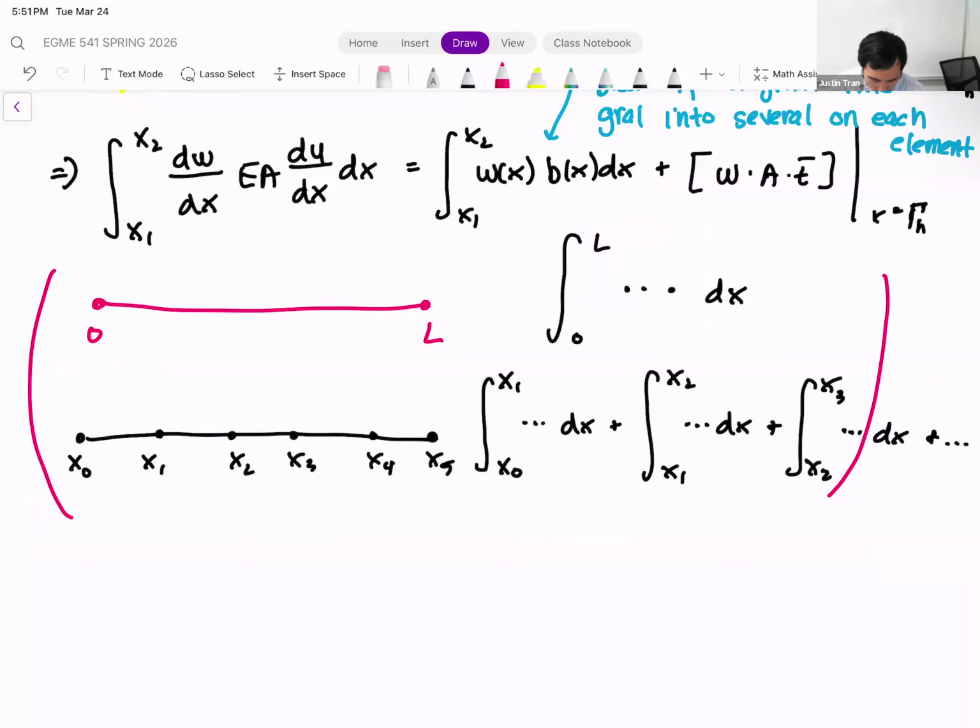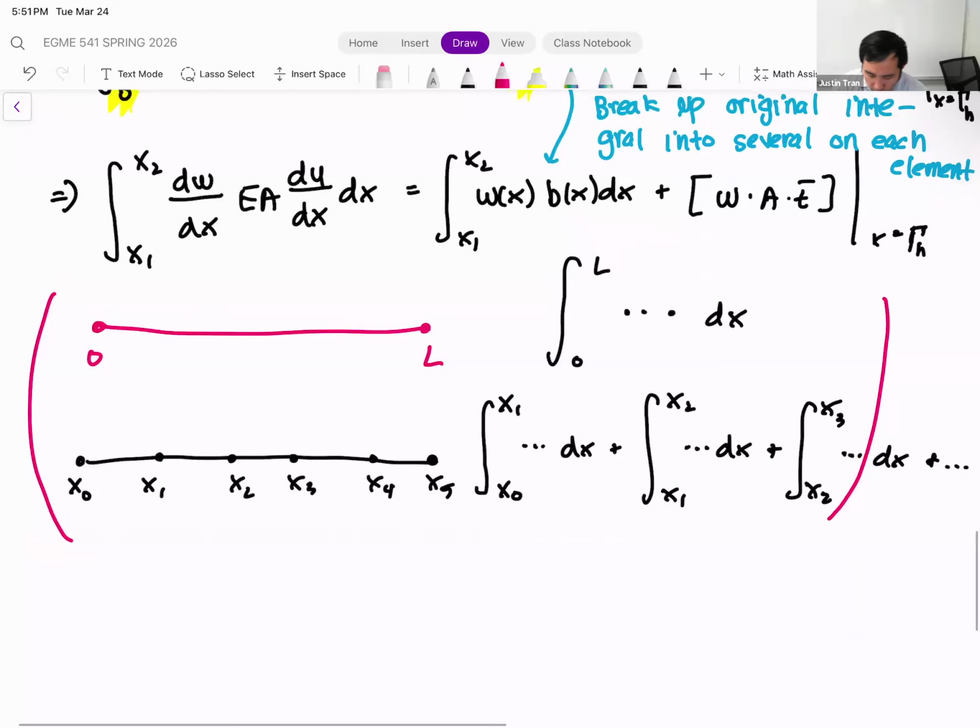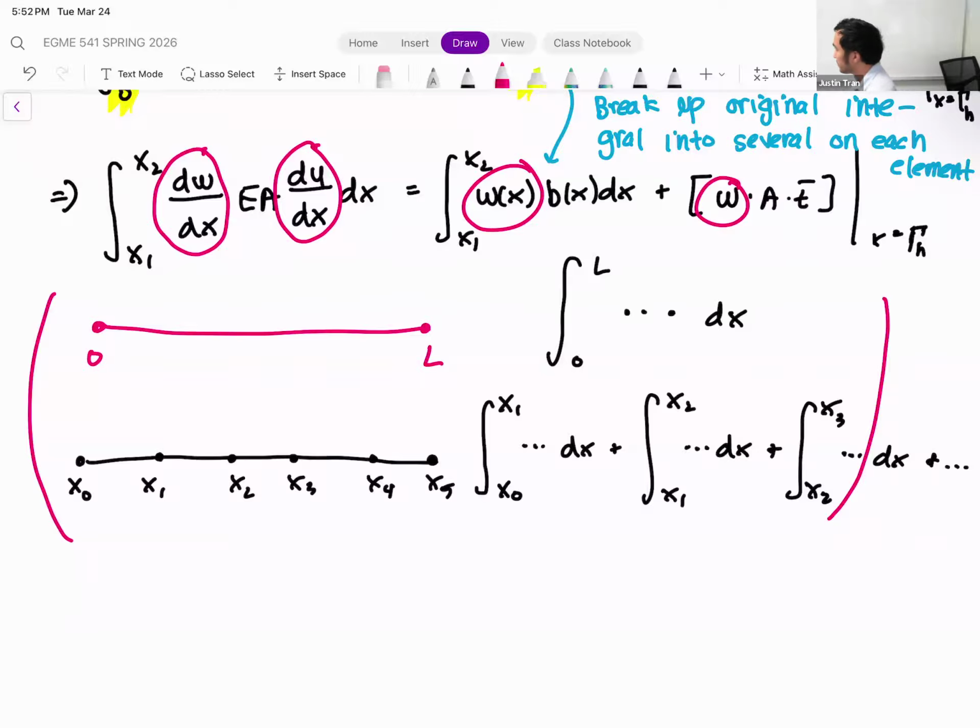All right, so remember, we have these expressions in our weak form here. So we have dw dx, we have du dx, w of x here. The key to evaluating this integral is to plug in expressions for dw dx and du dx.